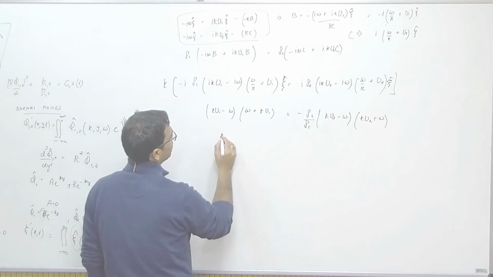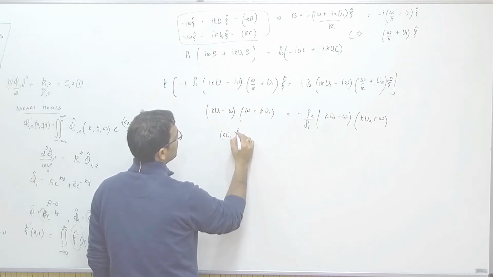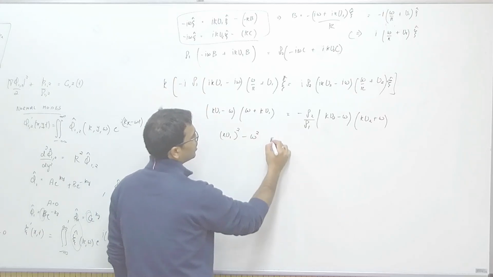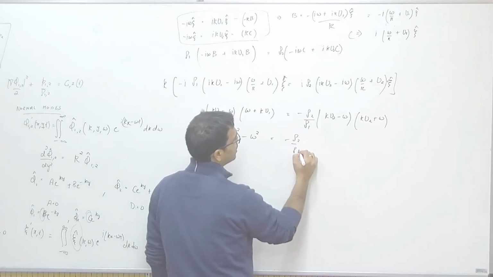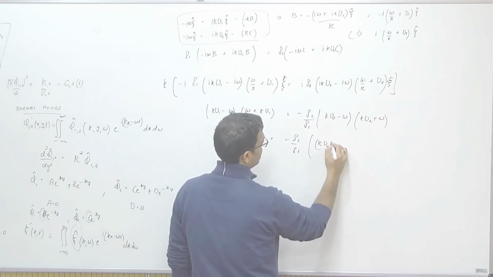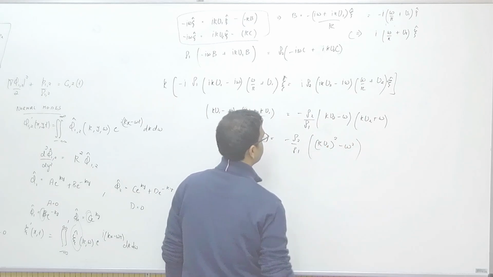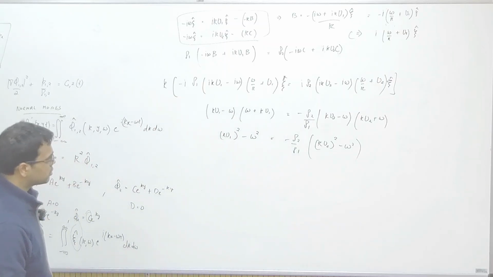So here what do we get? k u1 square minus omega square equals minus rho 2 by rho 1 k u2 square minus omega square. Is this right?